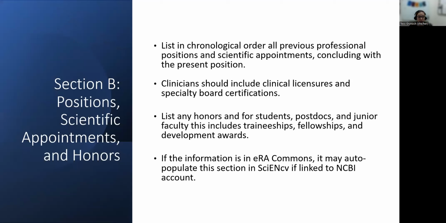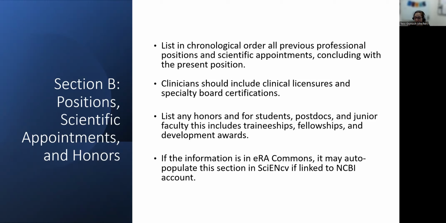So the last section that I'll call, quote unquote, easy is section B, positions, scientific appointments, and honors. This is where you're going to list chronologically in order all previous professional positions and scientific appointments, concluding with the present position. But keep in mind that the job at the pizza place that you had during high school doesn't really count as relevant.